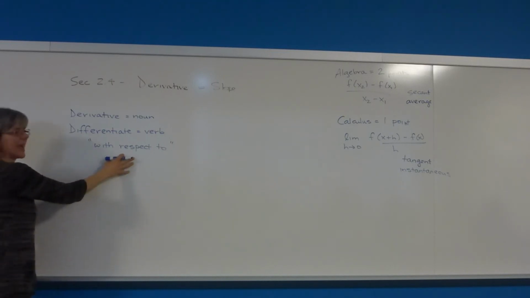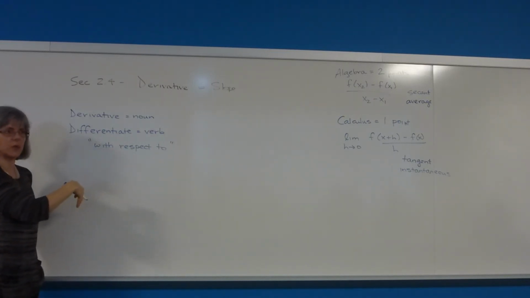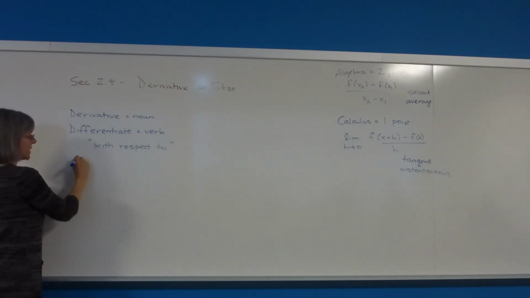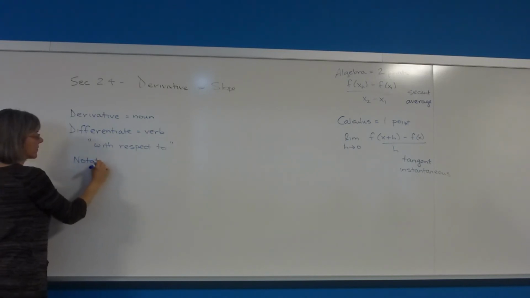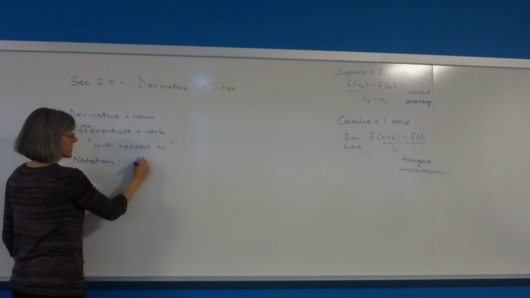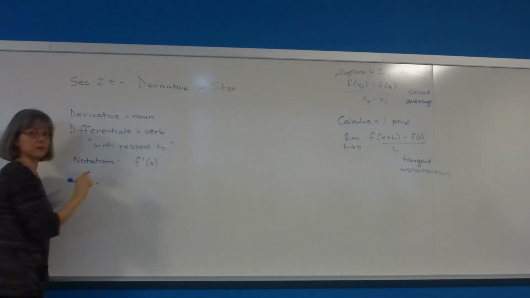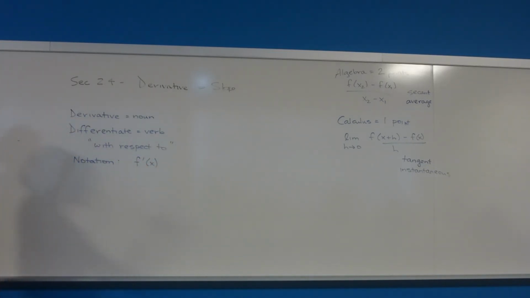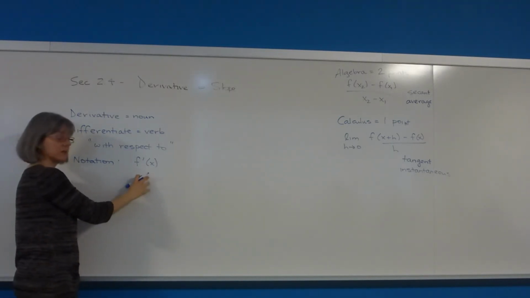Okay, so we often add this, and this will become more clear as we go. The last thing I want to add is notation. Our primary notation to indicate what the derivative is f prime of x. So it's just an apostrophe. So f prime of x is the derivative.